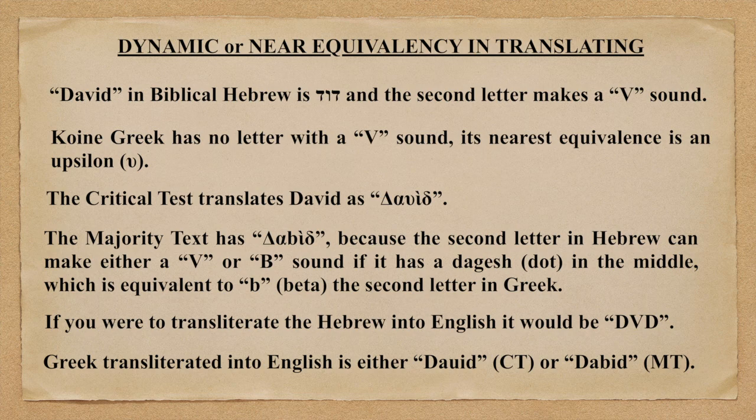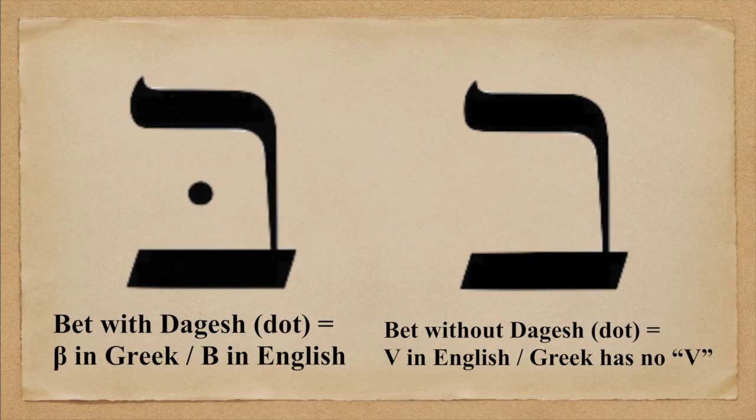And thus, the critical text translates David with a delta, alpha, upsilon, iota, delta. The majority text, from which we get the King James, has delta, alpha, beta, iota, delta, because the second letter in Hebrew, that is bait, can make either a V or a B sound if it has a dagesh, that is a little dot in the middle of the letter, which is equivalent to beta in the second letter in Greek.